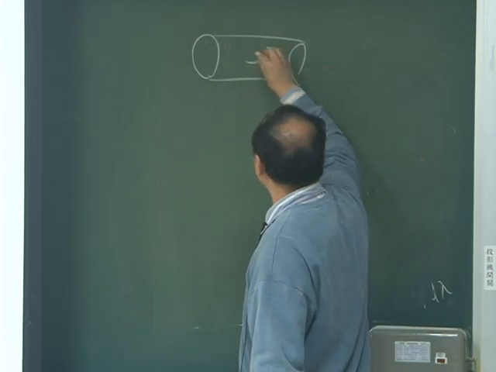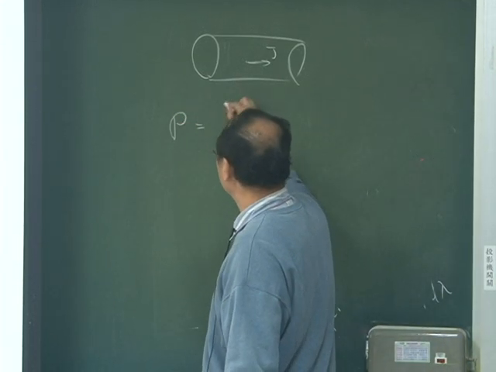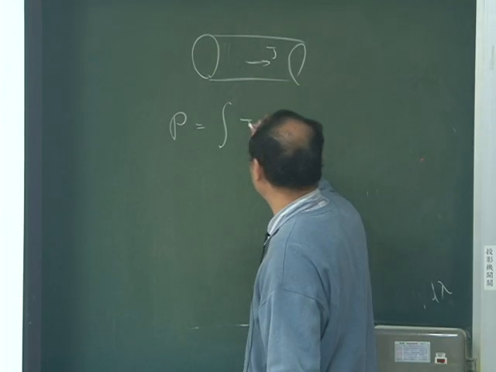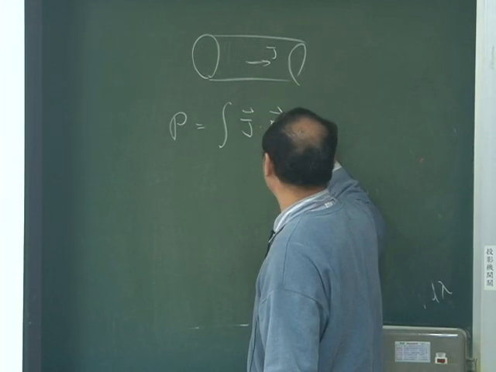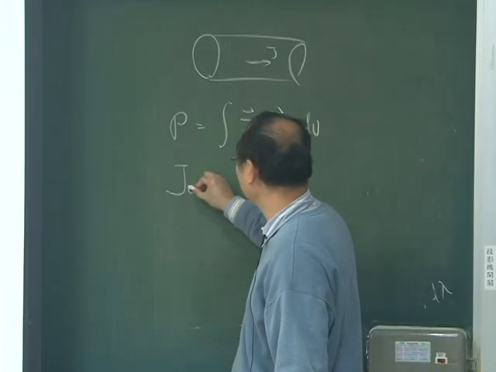You have current inside. And then the power inside this piece of conductor running a current is equal to sigma E dot E integrated over the volume. And this is called Joule's law.